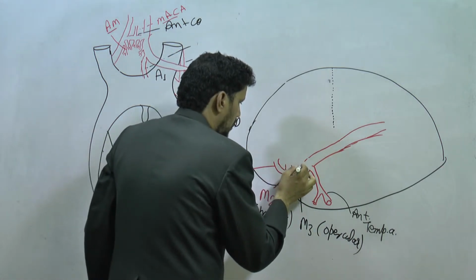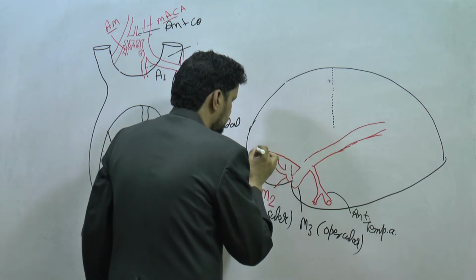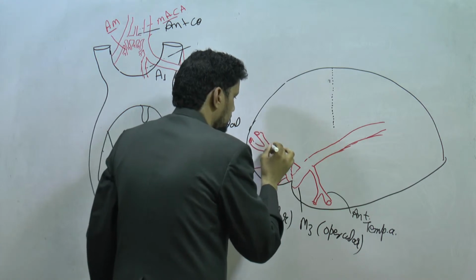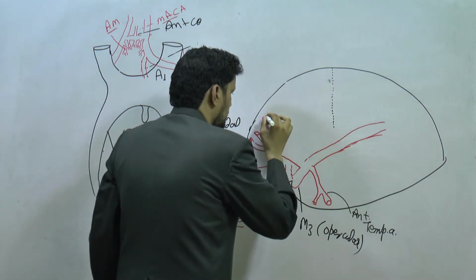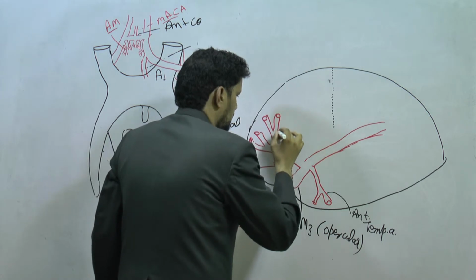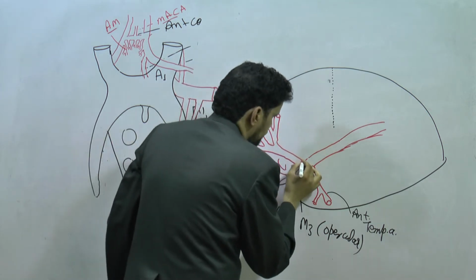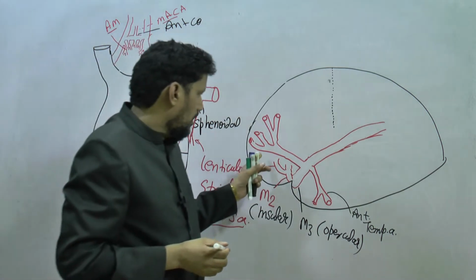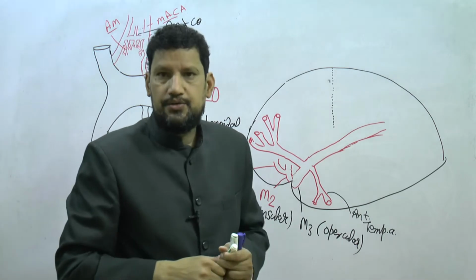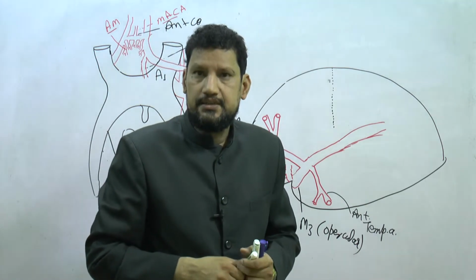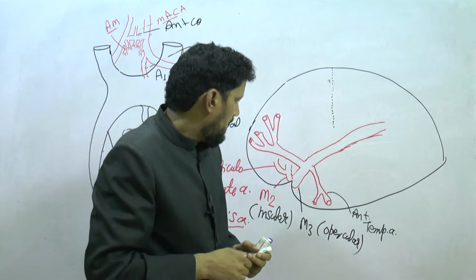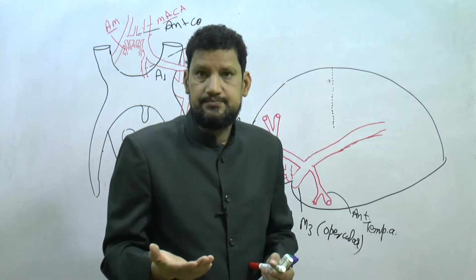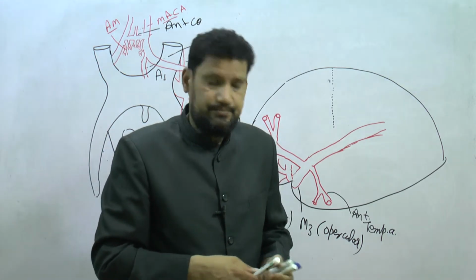The orbitofrontal artery, a big artery supplying the blood. The orbital branch is supplying the inferior frontal gyrus and lateral part of the orbital surface of the frontal lobe.